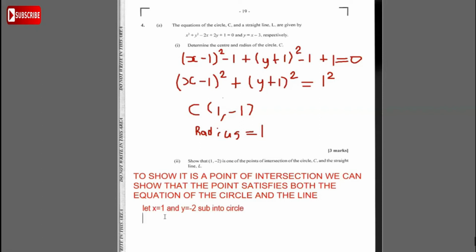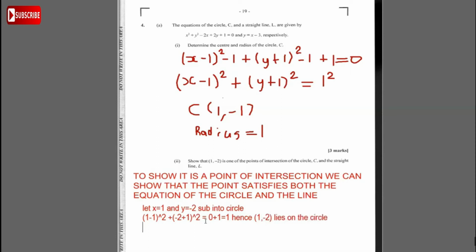Plugging it into the circle, we're going to get (1 - 1)² + (-2 + 1)². And when you check that, you realize that (1 - 1)² is 0, and then (-2 + 1)² is +1. And 0 plus 1 equals 1. So hence, we can see that (1, -2) lies on the circle.